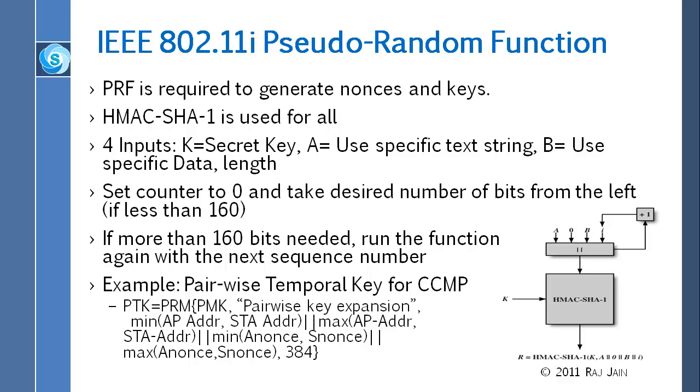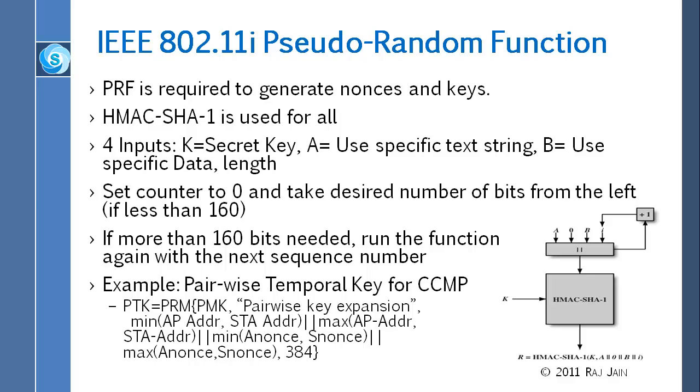So everything is there, but minimum first, maximum later, followed by 384, which is the length in this case. You put all that, and you run it as many times as required to produce the PTK. 384 is the length of the output here.